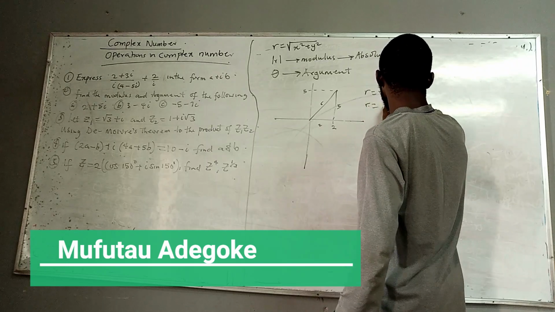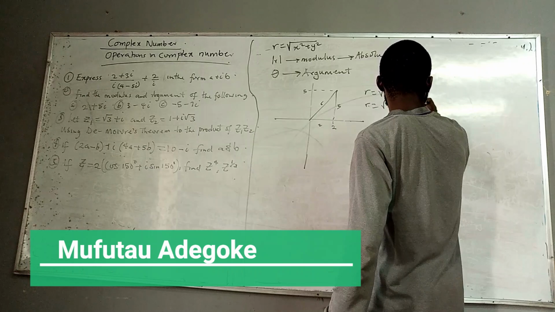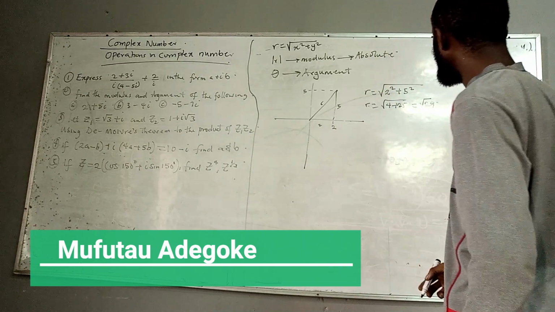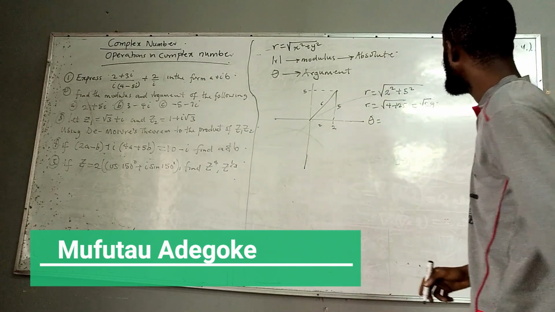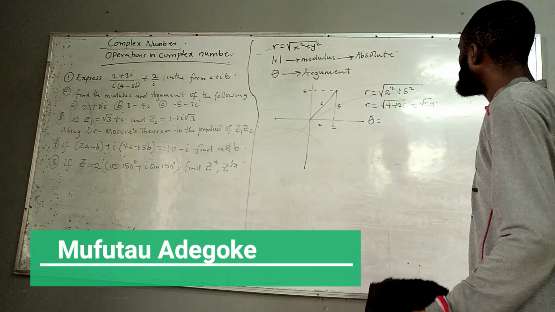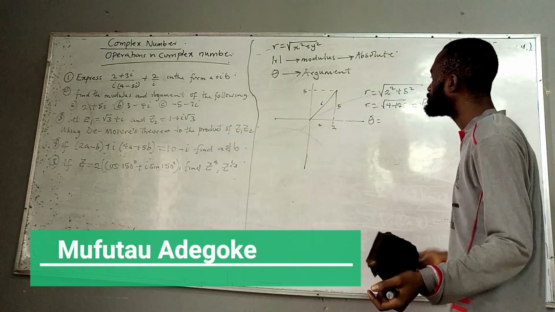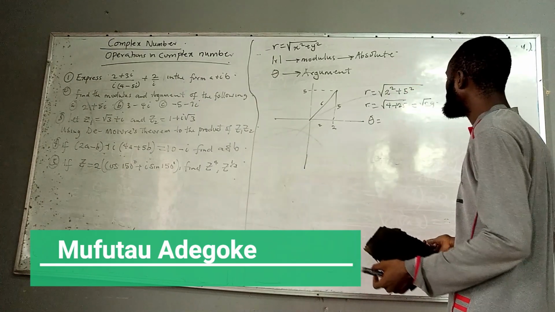Then my R is the square root of 4 plus 25, which is equal to the square root of 29. Why the argument? The argument theta, you can use any method. Since you know your R already, you can use any of the trig identities. But let me use tan.